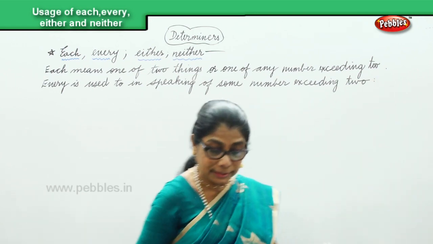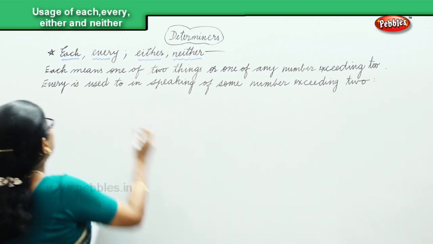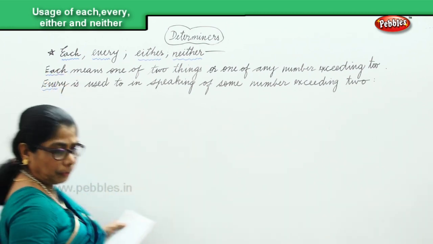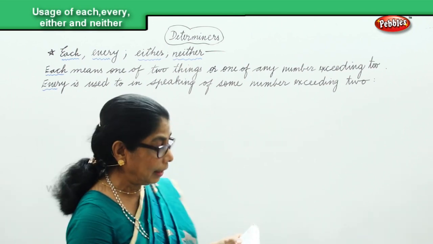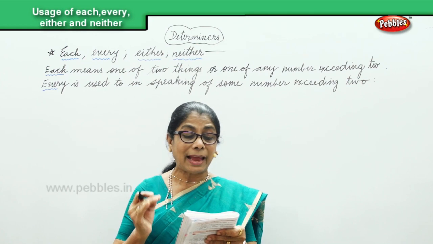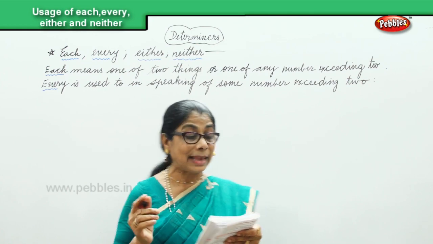Now we're talking about each and every. Okay? Each and every. First sentence I have here is, each of them had a gun in his hand.